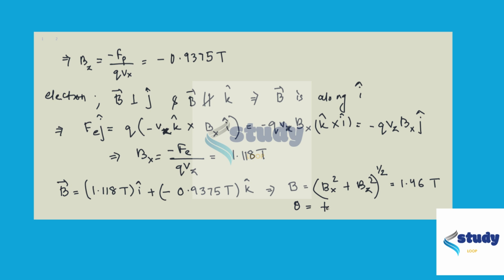This will be tan inverse of Bz over Bx, which is equal to basically negative 40 degrees. So the magnetic field is in the xz plane, directed at an angle of 40 degrees from the positive x-axis towards the negative z-axis because of this negative sign here.